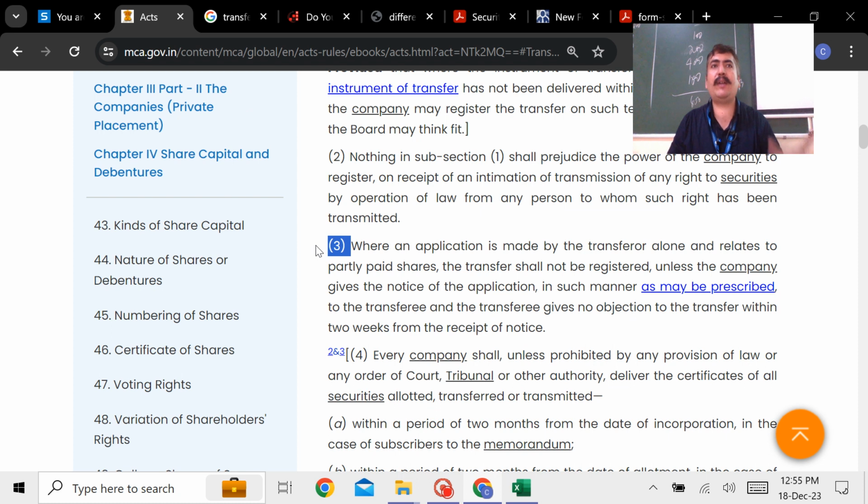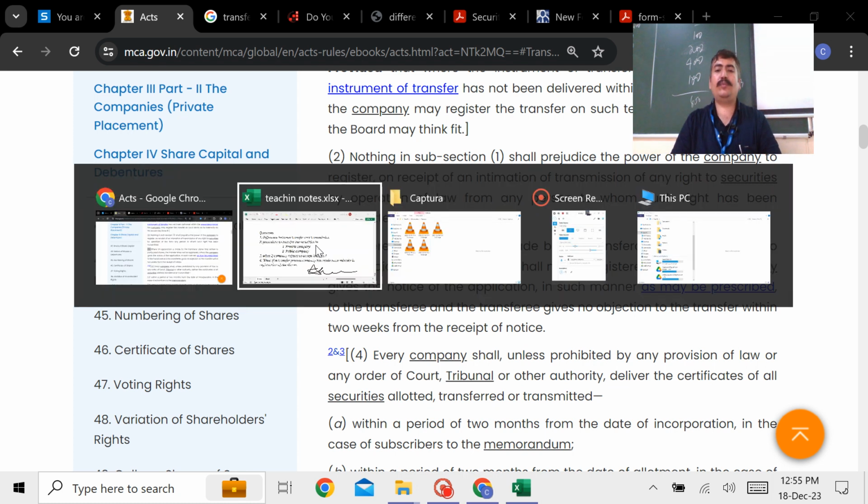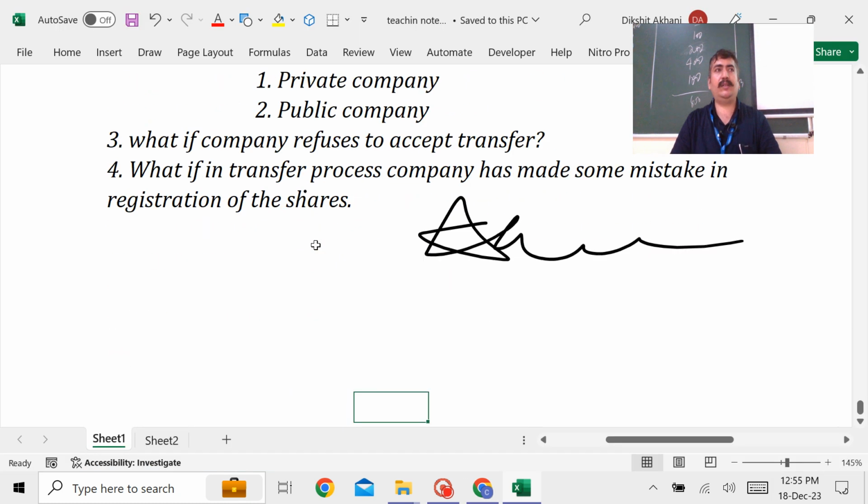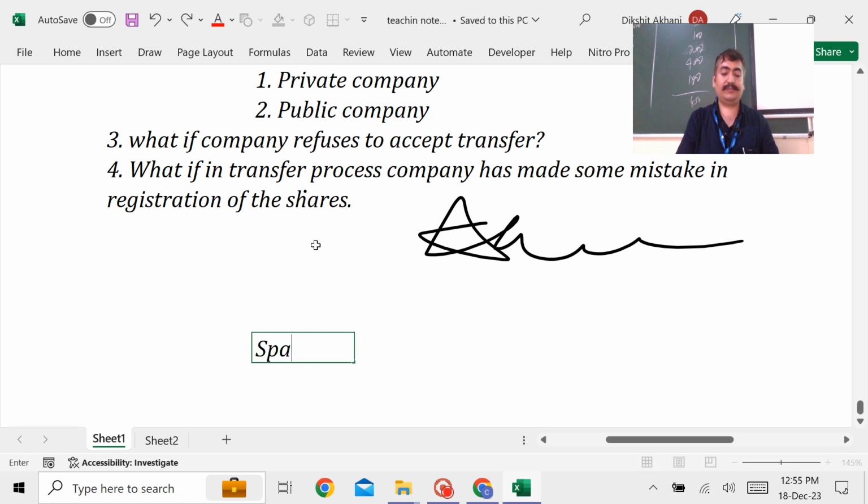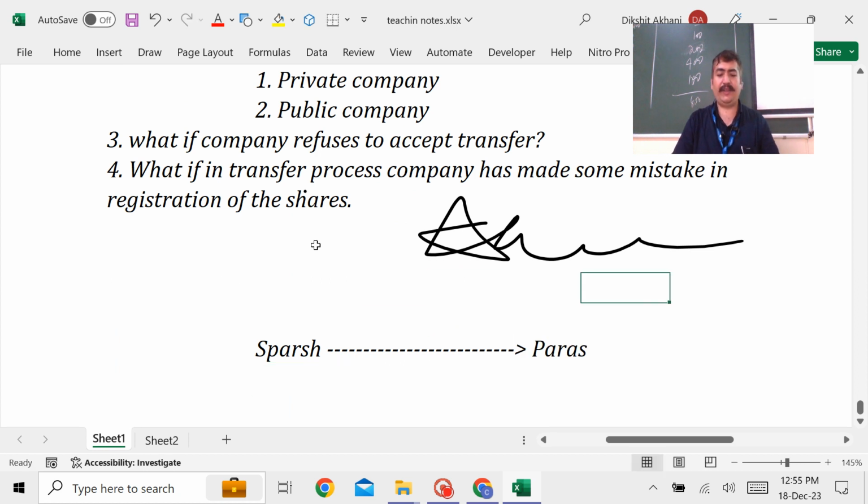आइए हम बात करते हैं. Suppose Sparsh goes to Paras's father. So there is Sparsh and here Paras and father.